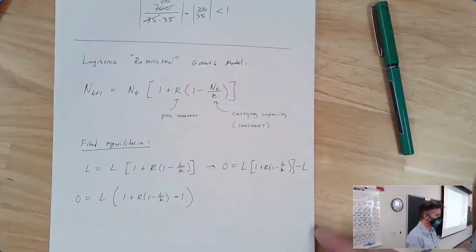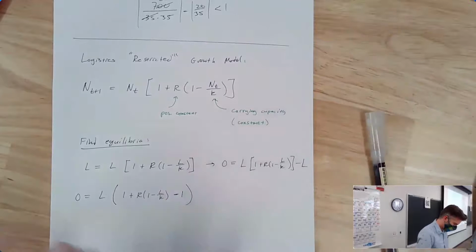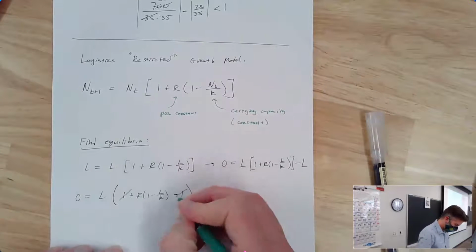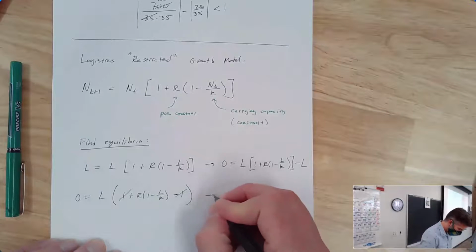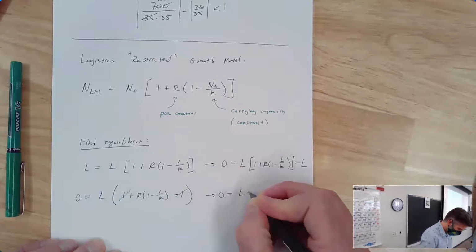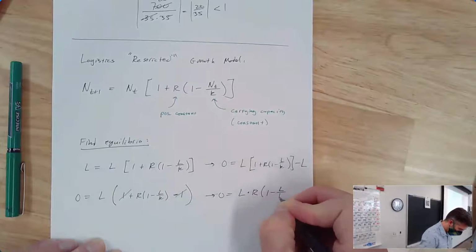Oh, look, the ones cancel. That's nice. So then I've got 0 equal to L times r times 1 minus L over k.